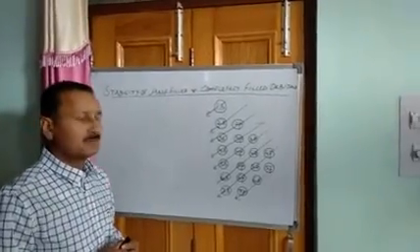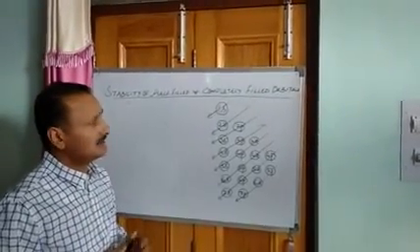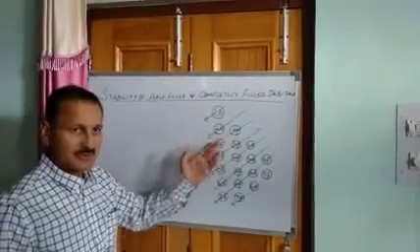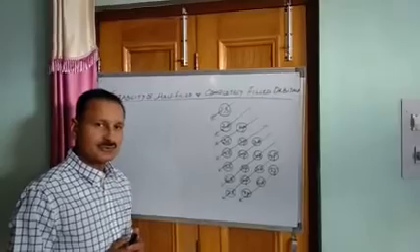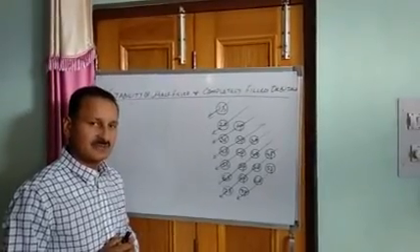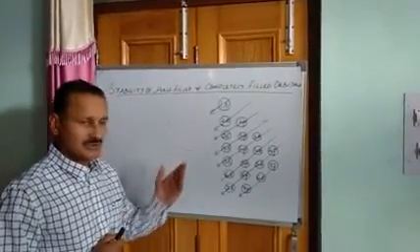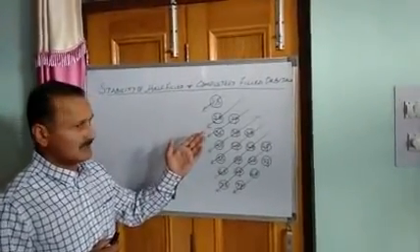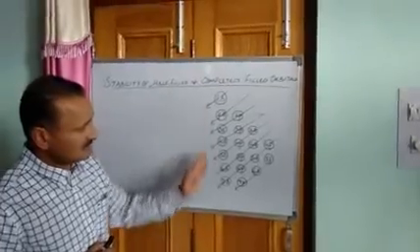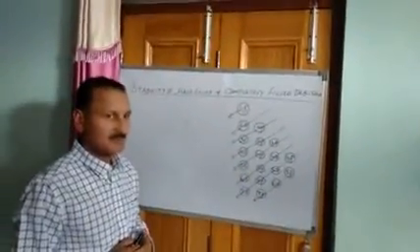Well, students, yesterday we learned about electronic configuration of elements and we followed certain rules like Pauli's exclusion principle, then Hund's rule, and Aufbau principle or Aufbau rule. This table is the Aufbau table.